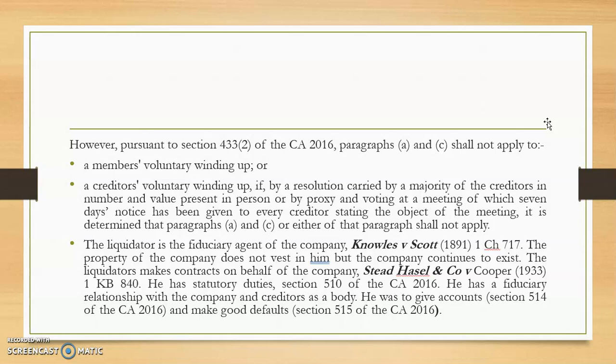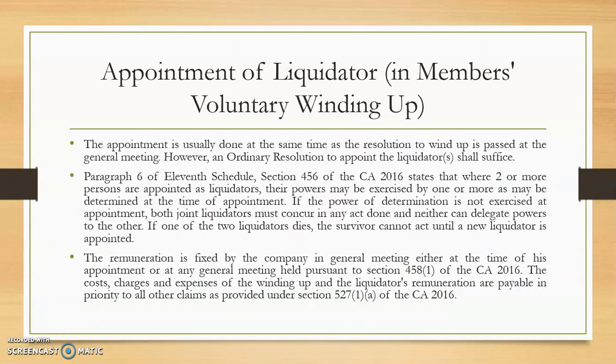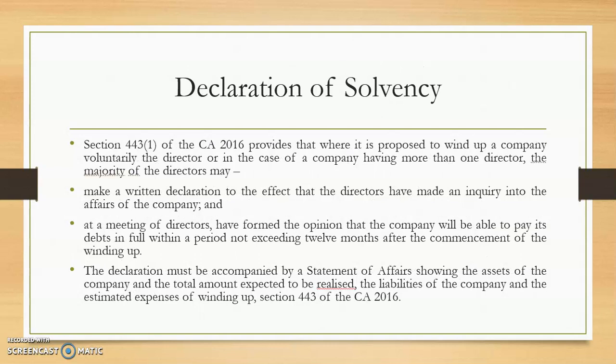And then what about the appointment of a liquidator in members' voluntary winding up? The appointment is done at the same time as the resolution. We have seen this. Remuneration is fixed by the company during the meeting. And then what about the declaration of solvency?